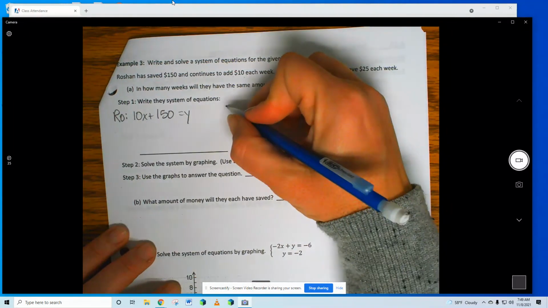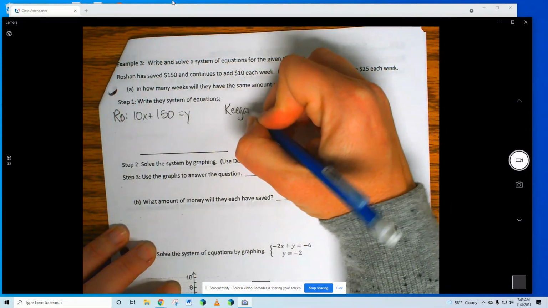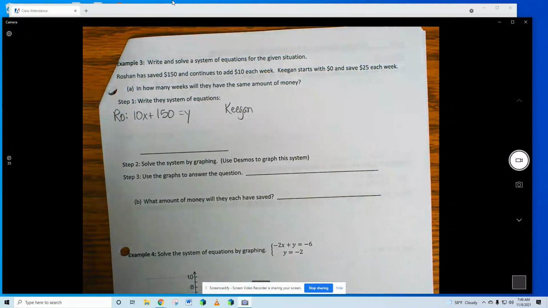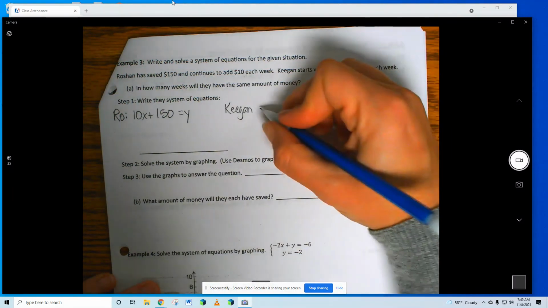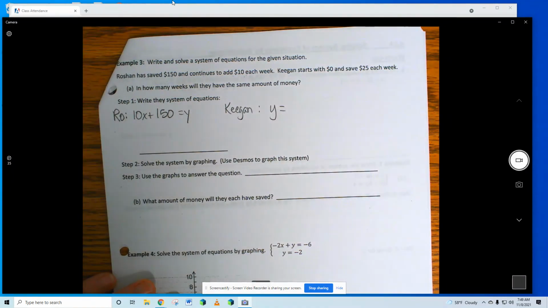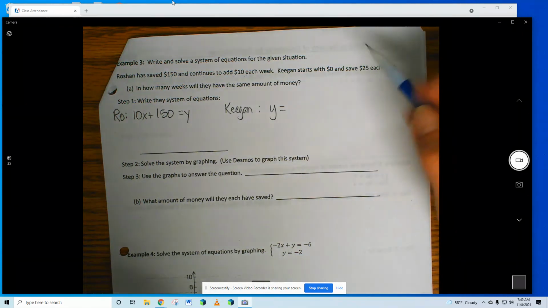How about Keegan? Keegan starts with $0 and saves $25 a week. Keegan has to save more every week, but he started with nothing. He starts with nothing.